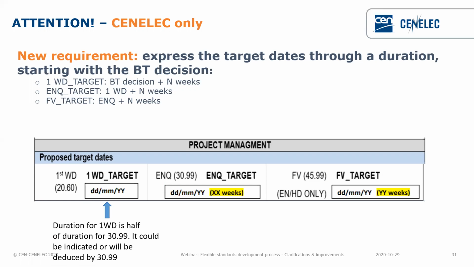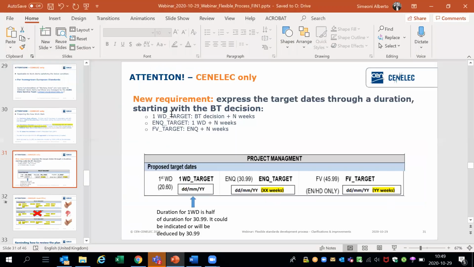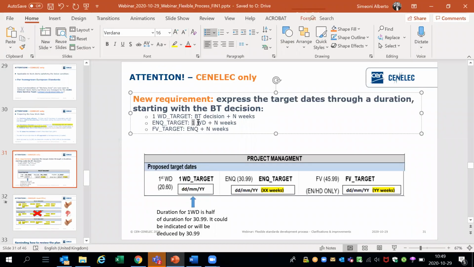Yeah, and just to say that I think that these target dates for inquiry, expressed as the date of the working draft plus n weeks, could be maybe misleading. Sorry if I make a correction in real time.